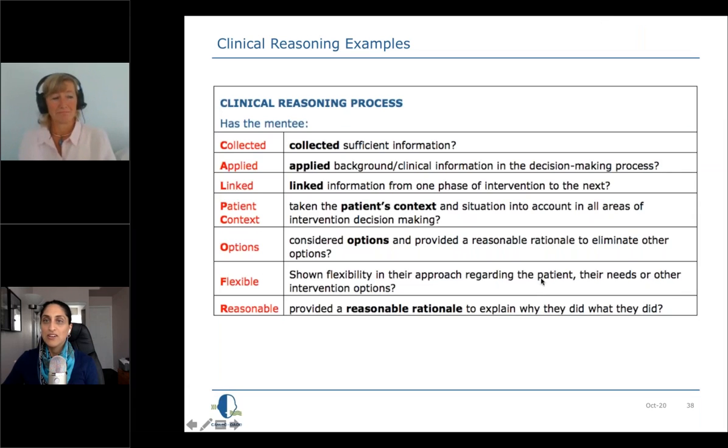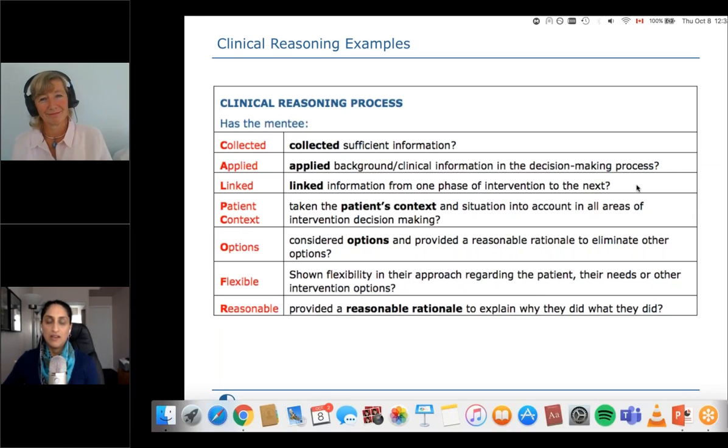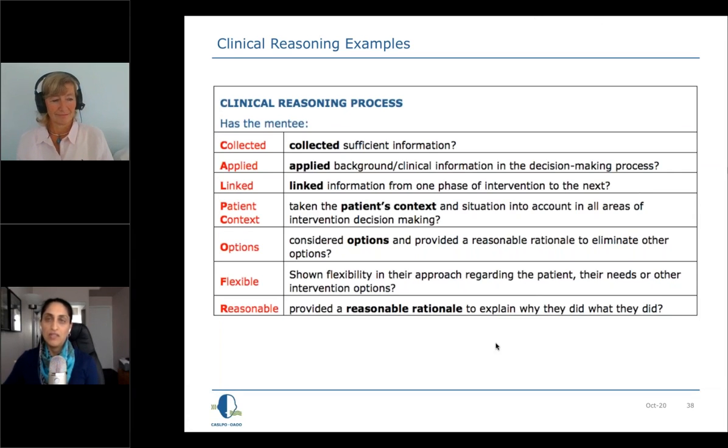All right, so let's talk a little bit about this one. What I heard was maybe an example of a mentee who is kind of struggling to put together a coherent explanation of what they did with this particular patient that they were working with. We didn't really hear that they had collected a lot of background information or that this information was being applied. When the mentor asks, can you tell me about your assessment process?